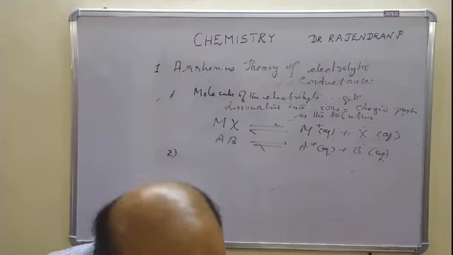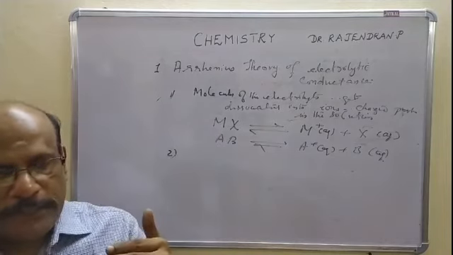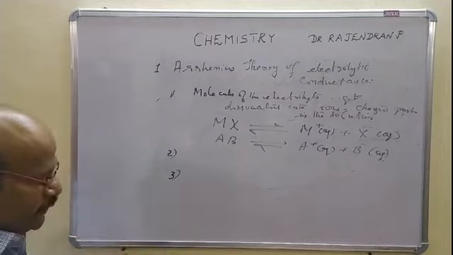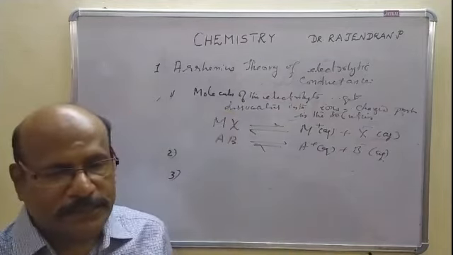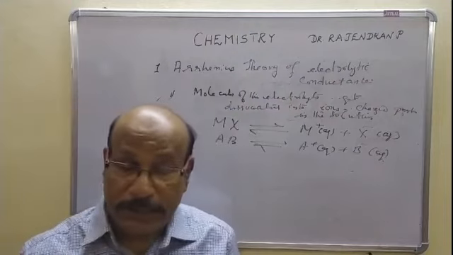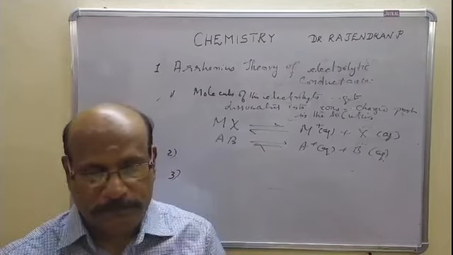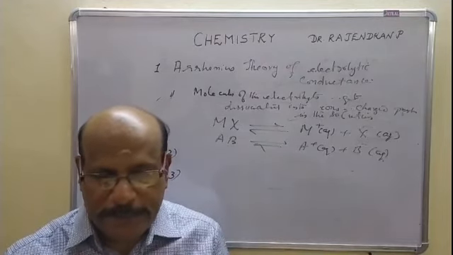And the third point: at a given concentration, Arrhenius assumed that the electrolyte molecules are not fully ionized. They may be partially ionized.